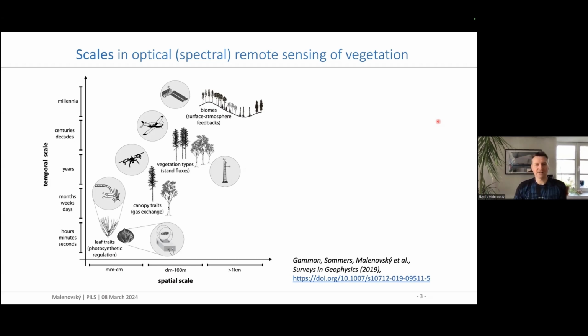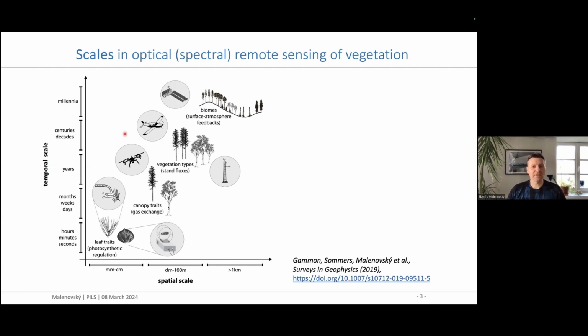Now, the desire is usually to acquire data at scales of airborne or satellite observations, because that allows us to get many samples or our fields measured in a relatively short time and have a statistically representative number of samples, and so on.